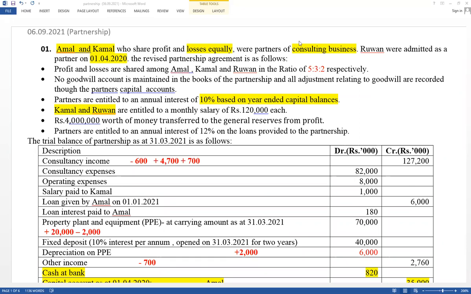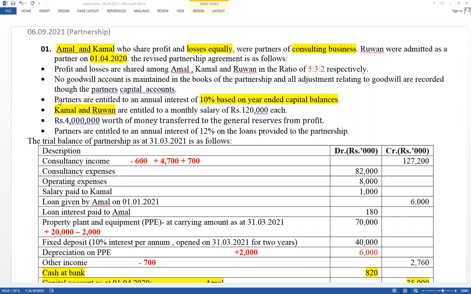Admission beginning of the year. Therefore, the new partner is also available during the current period. Therefore, profit should be shared among the partners using the profit sharing ratio 5:3:2. And goodwill adjustment also we have discussed.